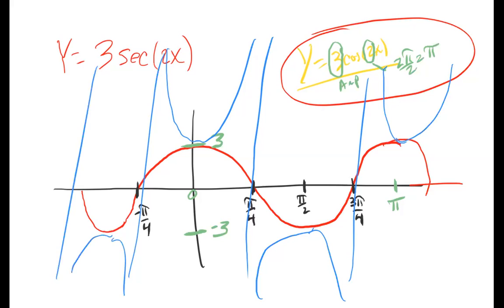Technically, there'd be another asymptote there. All right, now that's not pretty, but it's a rough idea of what that graph would look like. The graph of secant is the one in blue. Right? That's how, if I'm doing this by hand, I'm going to graph that function. I use cosine as a guide.